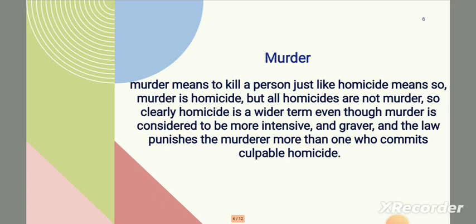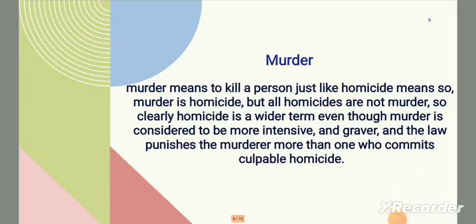Now, there are some exceptions in this case. The first is that culpable homicide is murder if the act by which the death is caused is done with the intention of causing death. Second, if it is done with the intention of causing such bodily injury as the offender knows is likely to cause the death of the person.